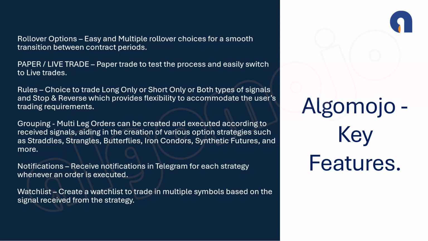Paper trade is free of cost. There's no additional cost involved, so it is available for all users. Use paper trade to check the process of how the orders are getting placed. Is it meeting the requirement as per the strategies that you're running? Use that to test the process.